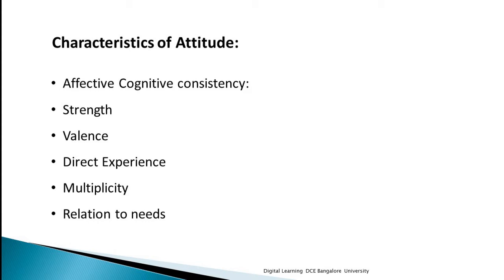But the cognitive component of an attitude is related to the beliefs, that is about evaluative attributes associated with the attitude object, and there has to be some kind of good consistency between these two things.